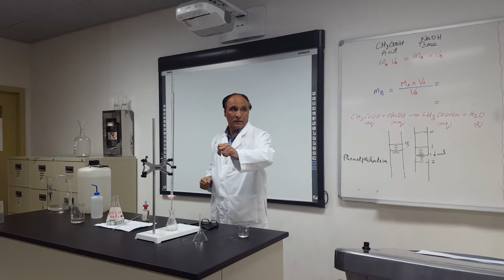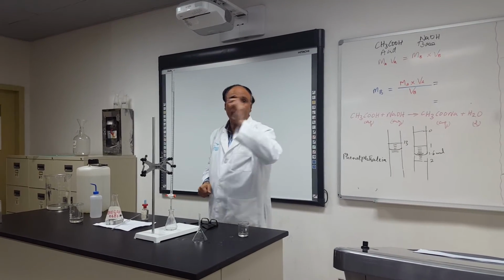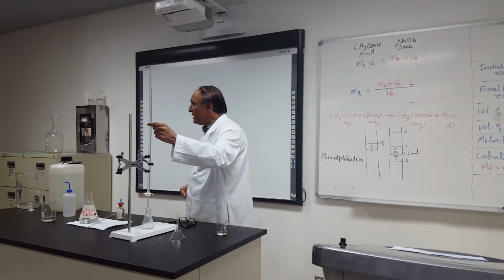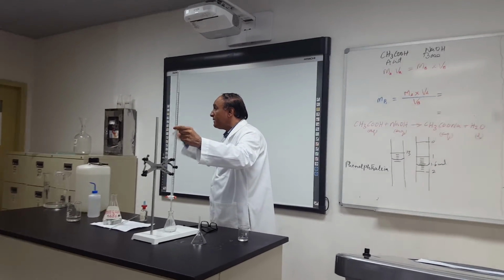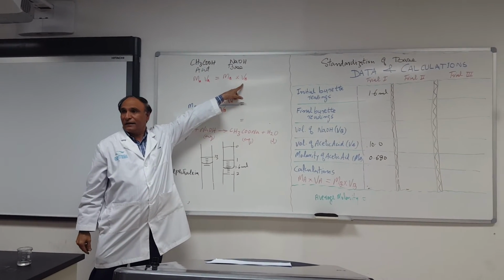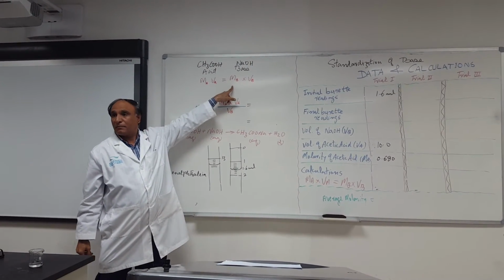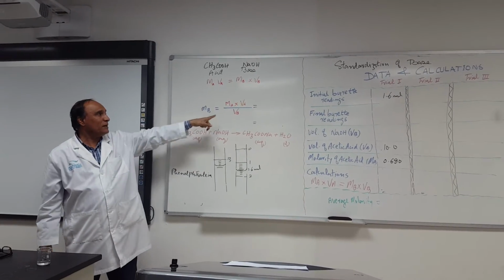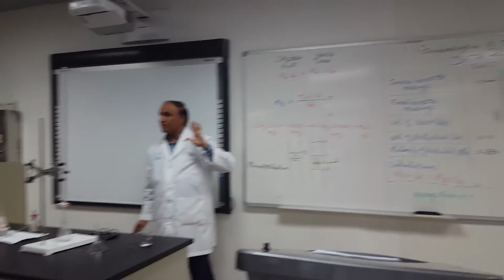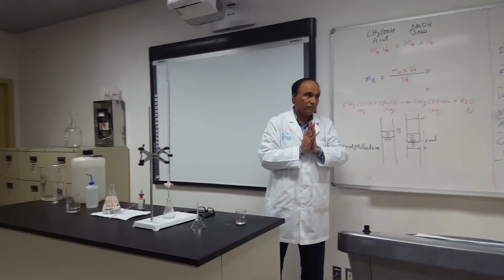I will find how much volume it will be here to get the permanent pink color. What is left behind is Mb, and that I can separate and calculate. Did you understand? Yes. This is what I will show you now.